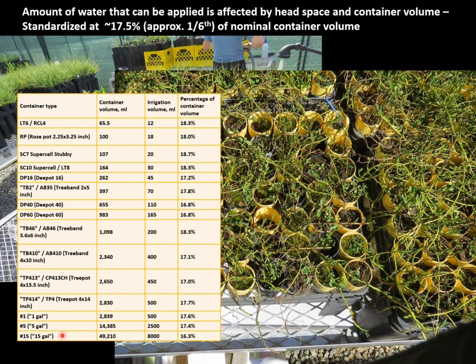Whereas if we go up to something like a number 15 container, which has a huge volume by comparison, we have to apply a lot. In this case, we're applying 8 liters to each pot compared to 12 milliliters down at this end. But we're keeping these in this around 17, 18 range, etc.